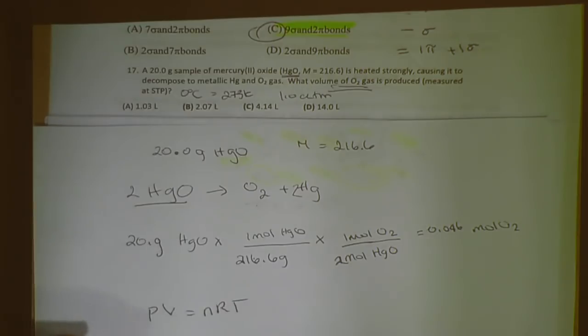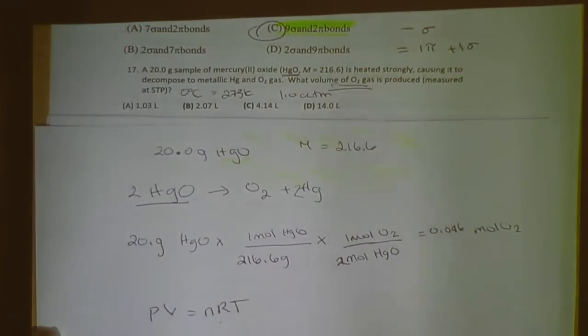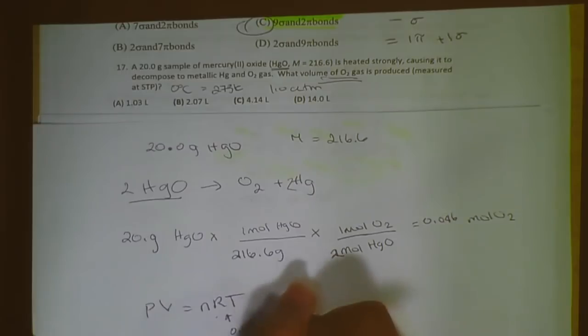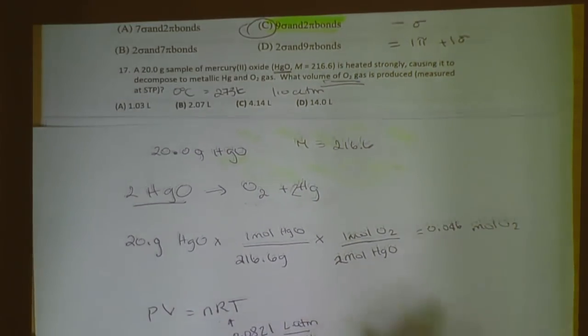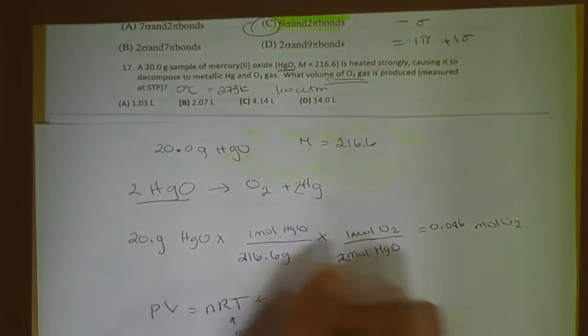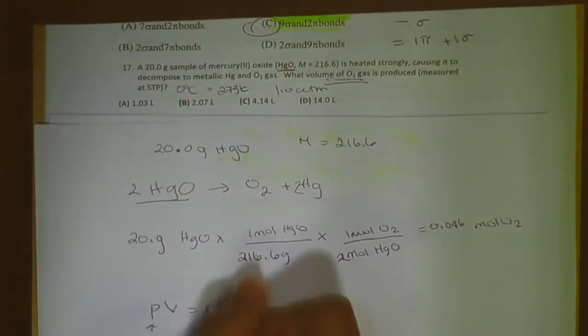It's asking you to find the volume anyway, so it's perfect. R is a constant, 0.0821. The temperature and pressure are given to you because they're standard. N is what I just solved for, which is the moles. So I'm solving for V.